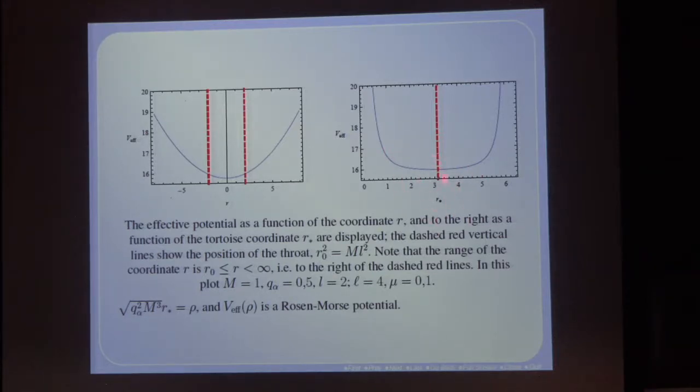The tortoise coordinate covers from the throat to infinity, but in terms of the extended potential, we can see the whole well, right? This is a potential that is at infinity, very well. This is a harmonic oscillator potential, and therefore we can guess what kind of eigenvalues or normal frequencies our problem will have.